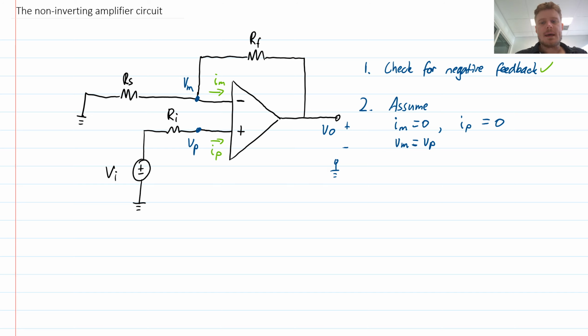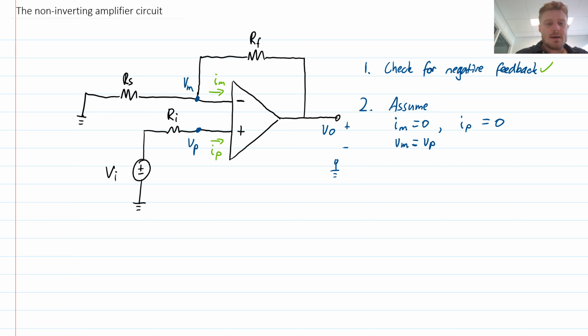All right, so with these assumptions, I can now go ahead and analyze the circuit. So if there's no current flowing into the positive terminal, so if IP is 0, then there's no voltage drop across the resistor. So no voltage drop across Ri here. And so what that means is that the voltage Vp is just my input voltage.